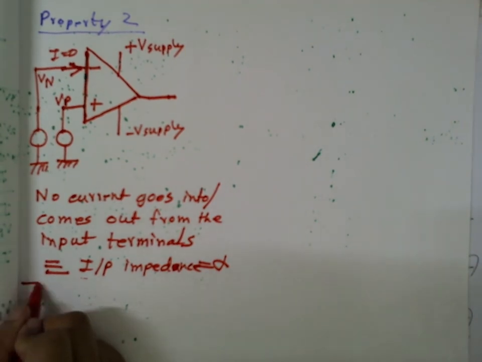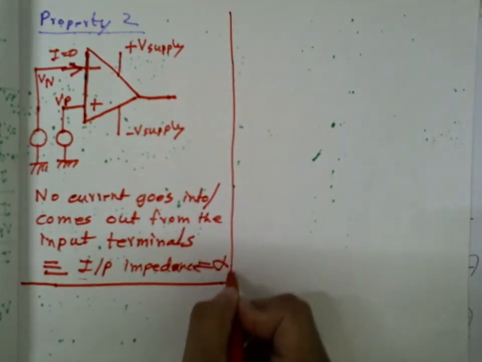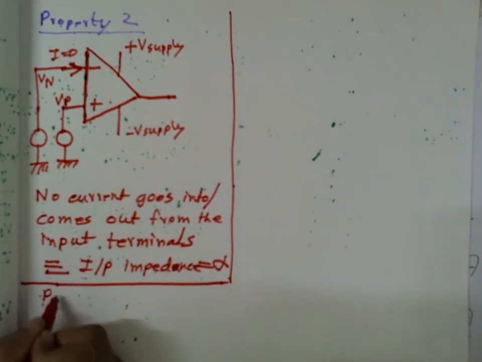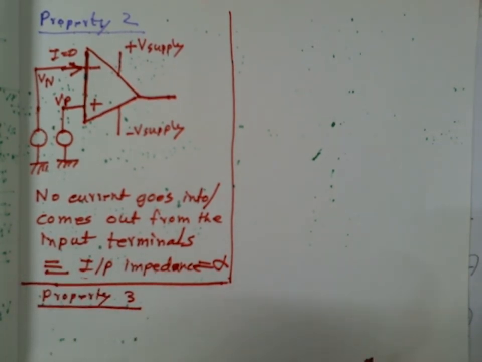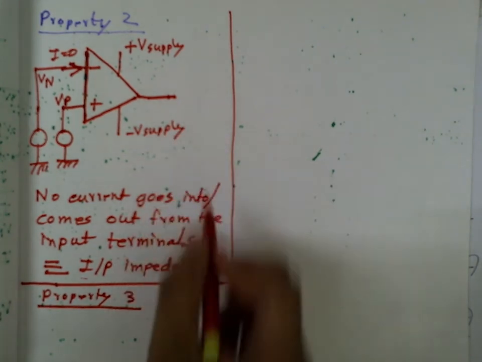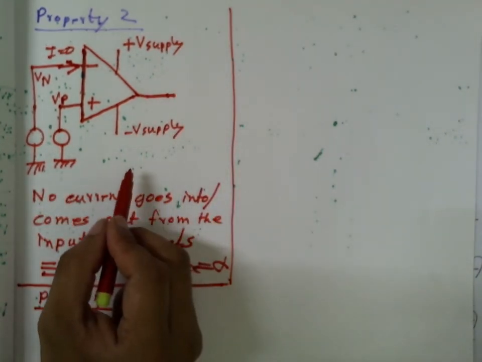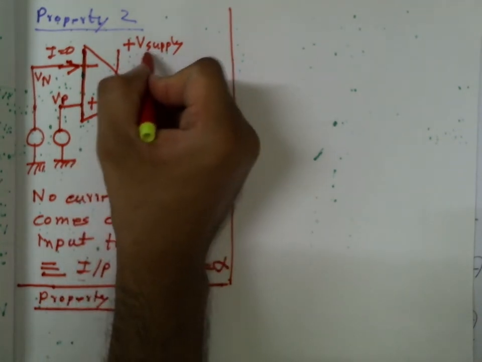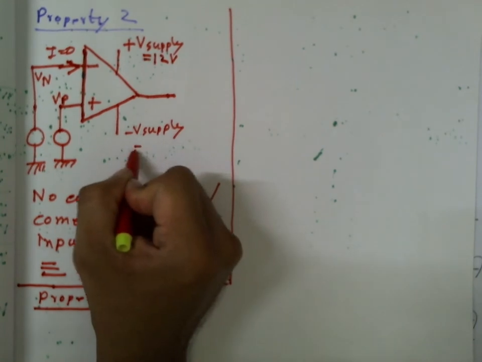Now the third property, which is also very important, is as follows. Property 3. Let's first discuss it and then I'll write it. Suppose I give this equal to 12 volt and this equal to minus 12 volt.